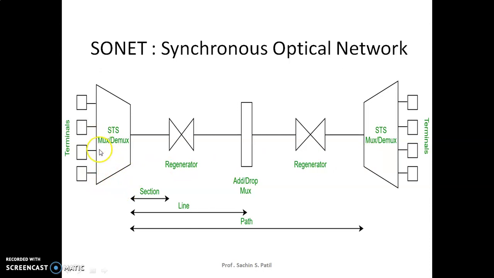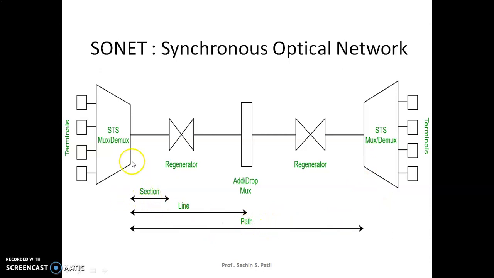The connection between two neighboring devices is called a section. The connection between mux and regenerator is a section. The connection between neighboring multiplexers is called a line connection, and the connection between two STS muxes is called a path connection.